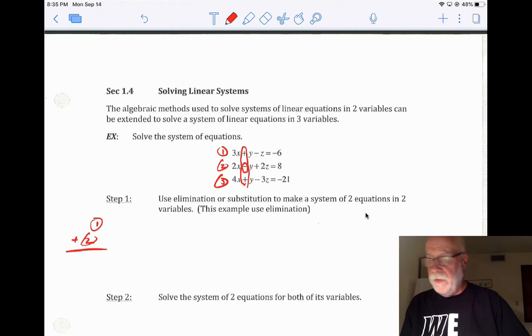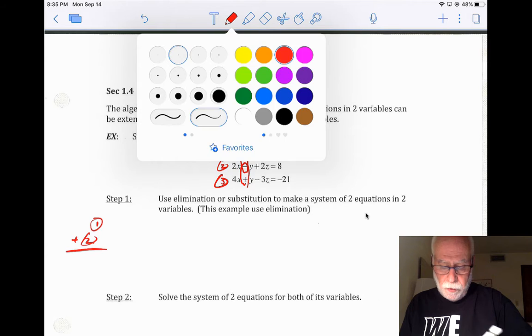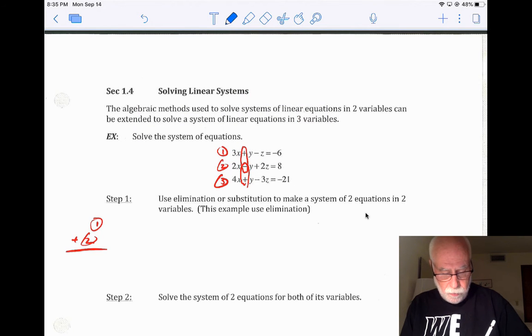And as I did before, I'll make it a different color. So I'll say 3x plus y minus z is equal to negative 6. And then the second one was 2x minus y plus 2z is equal to 8.